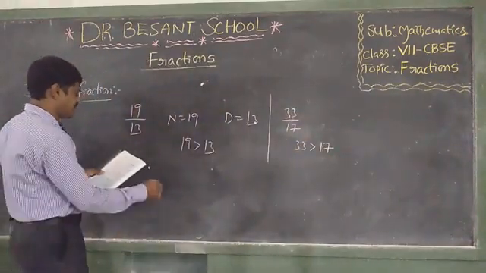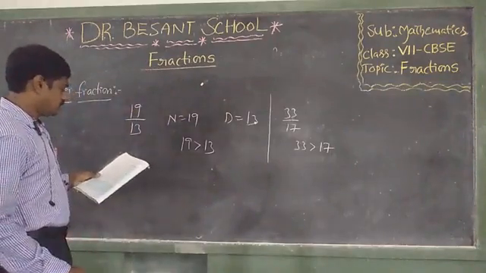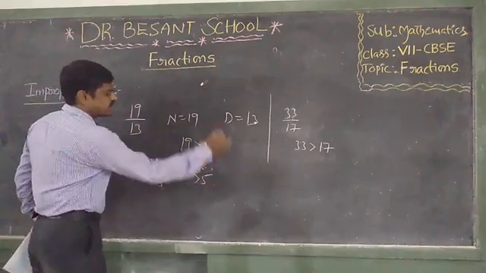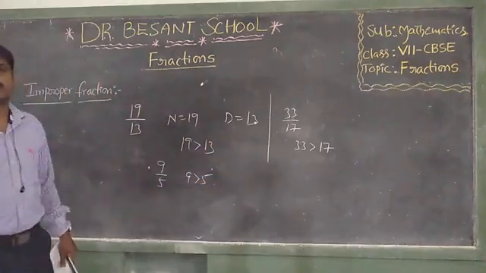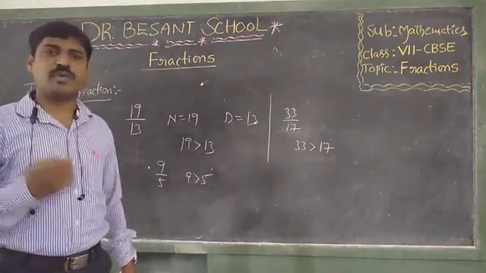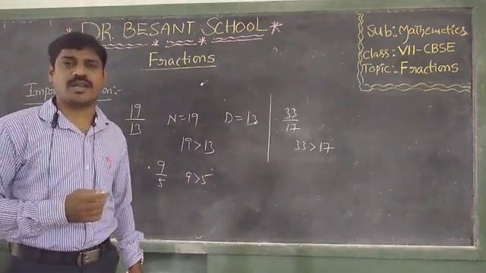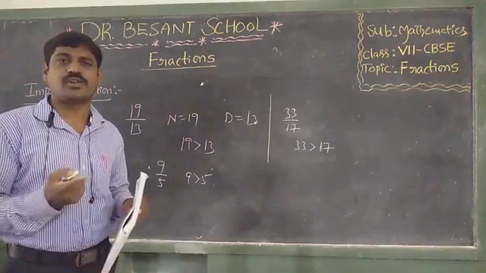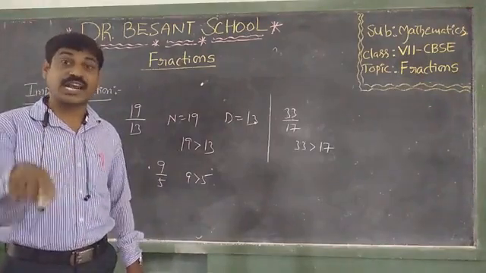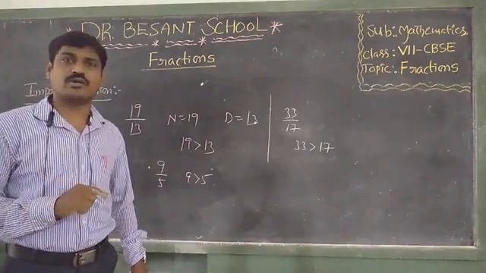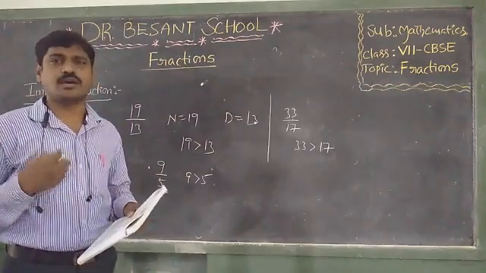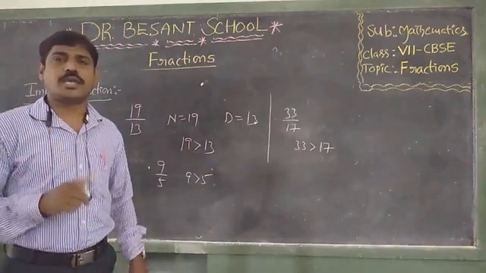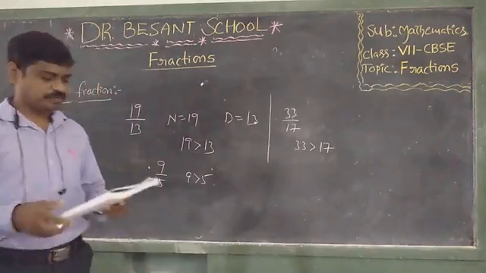Next, 15 by 33. Next, 9 by 5. You observe here, 9 is greater than 5. According to your textbook, the numerator is greater than the denominator, but actually the numerator is greater than or equal to the denominator. According to the textbook you write now, but you should remember that greater than or equal to the denominator is also an improper fraction.